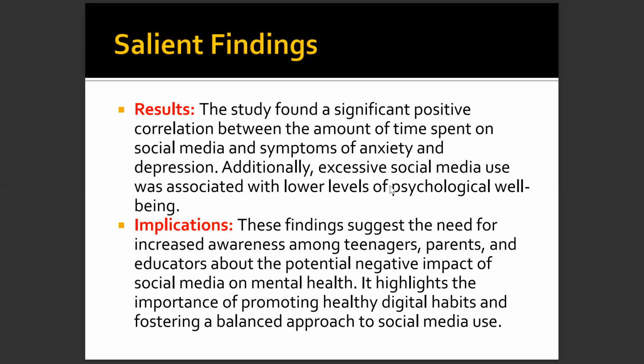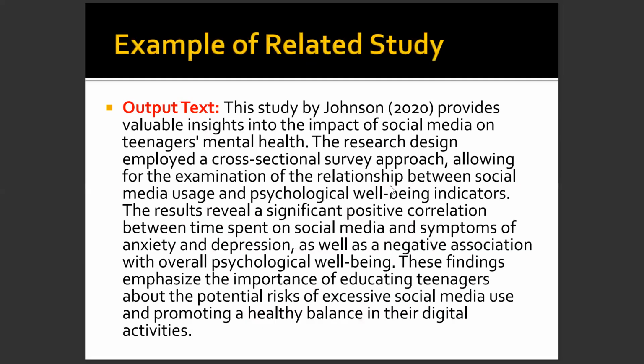And when you need to write it in your review of related literature, you need to put it in paragraph form, just like this. Output text: This study by Johnson 2020 provides valuable insights into the impact of social media on teenagers' mental health. The research design employed a cross-sectional survey approach, allowing for the examination of the relationship between social media usage and psychological well-being indicators.